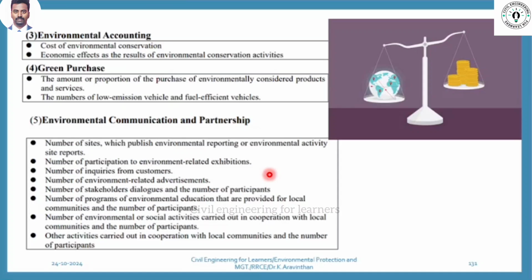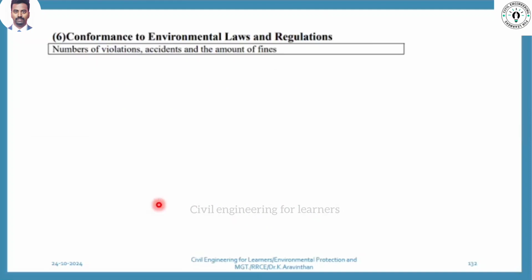They have to participate in a number of environmental related exhibitions. All organizations, if any eco-friendly activities are there, they have to participate. So this comes under environmental communication partnership. Not only the people, other stakeholders, distributors, and suppliers also have to follow the environmental communication partnership.